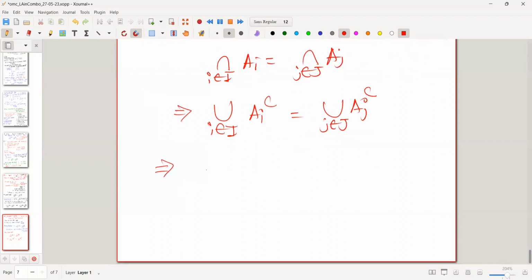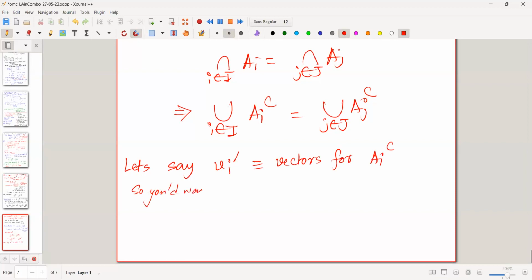Again, think about it like this. If you were just asked to find some I and J such that the unions of the A_i complements and the A_j complements are the same, what you would do is, let's say v_i' are the vectors for the A_i complements.